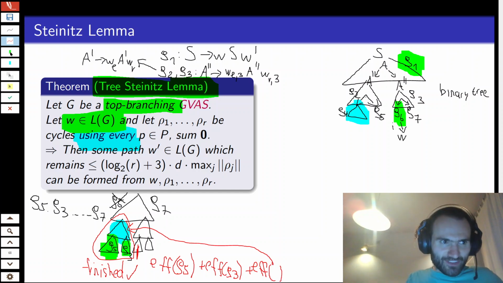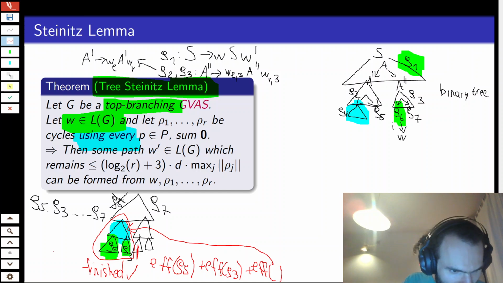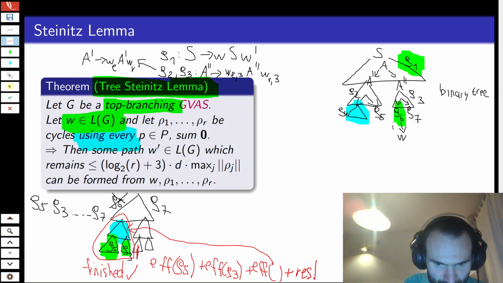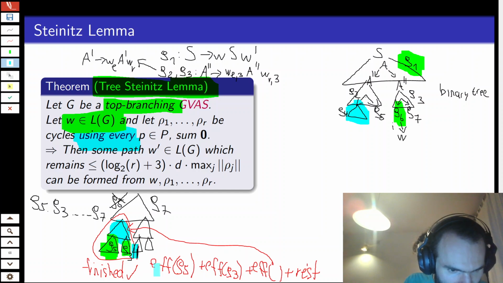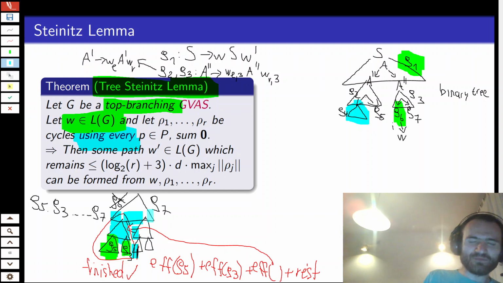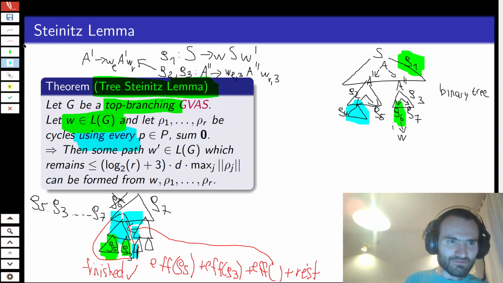And now what's the crucial thing? Well, the crucial thing is Steinitz lemma, and then of course plus some rest. What do I mean by rest? Well, rest is this start before the red thing, this left side of this tree, and whatever garbage is here on the top tree before we started this one.